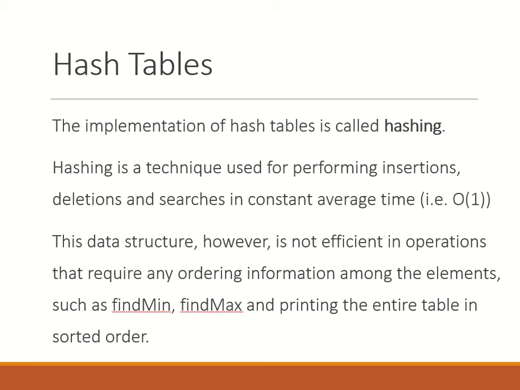So let's see the details of hashing. Always remember, we have three keywords when talking about hashing. The first is hash, which stands for the process of mapping a particular element to be stored into a particular index of the hash table. The second keyword is hash table, which is an array-like data structure capable of storing elements consecutively.